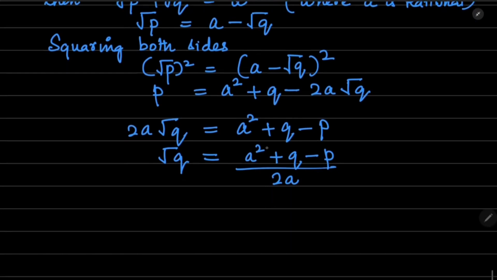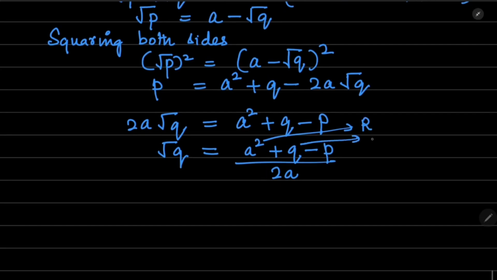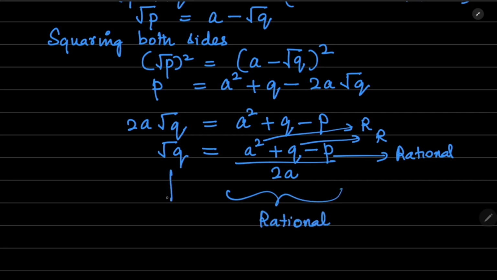Here, we assumed A was rational, so A square is also rational, Q is rational, P is rational. All of these are rational terms. Rational by rational is also rational. So the entire RHS is rational. But root Q is irrational.